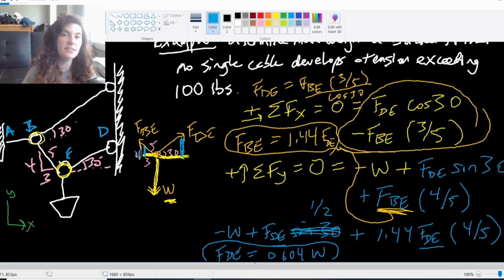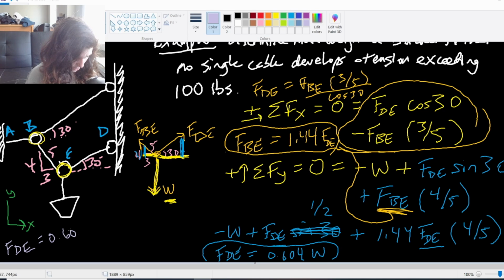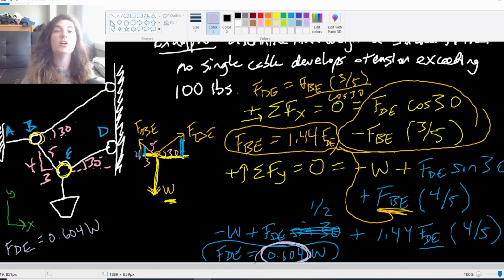I want to get this type of relationship. My force equals something times W for every single one of these components, for every single one of these cables. So I'm going to put it over here in purple, that my FDE is 0.064 W. And what I'm looking for is the one with the highest coefficient in front of the W, because that's going to be our limiting factor.